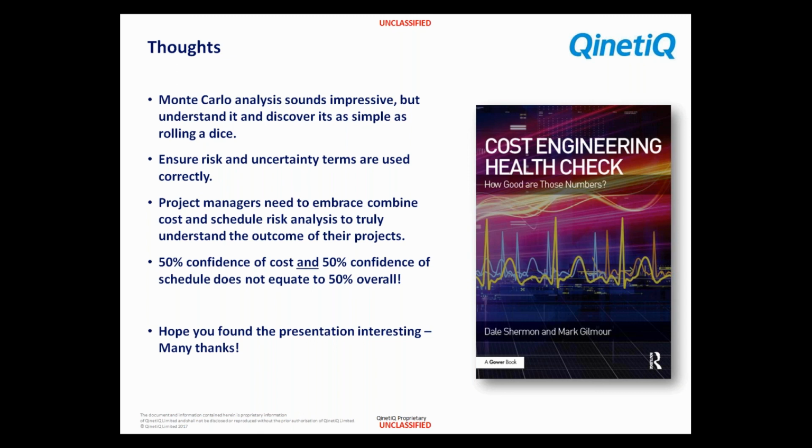A lot of people use them interchangeably, but it makes confusion. Really, project managers need to embrace combined cost and schedule risk analysis to truly understand the outcomes of their projects, and recognize that setting 50th percentiles at confidence in terms of cost and schedule is not going to give them a 50% chance overall.